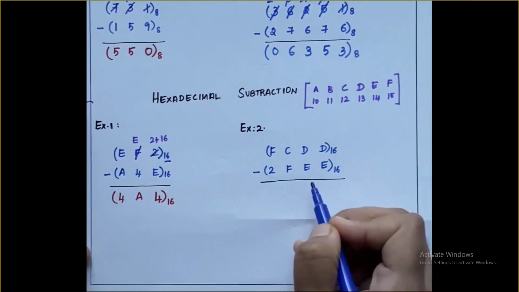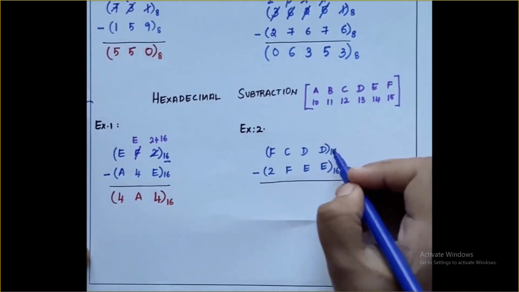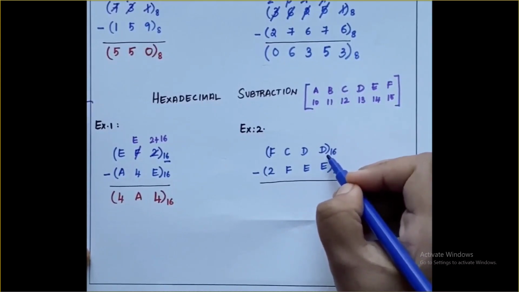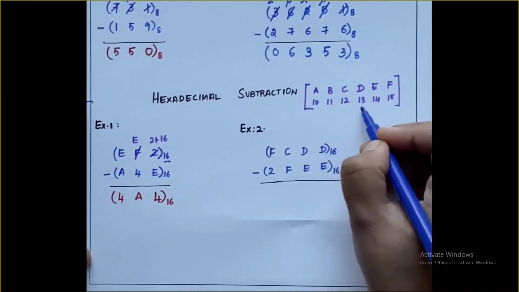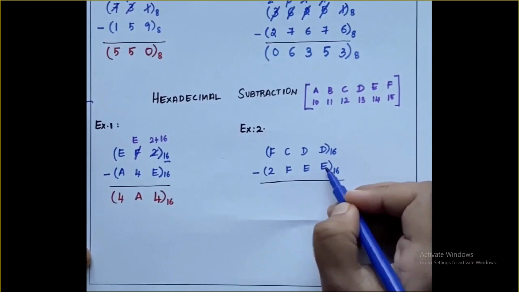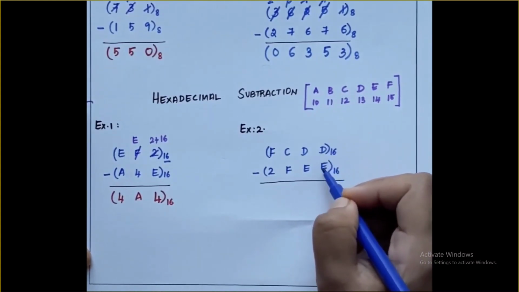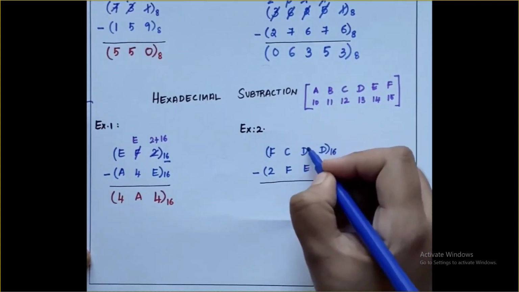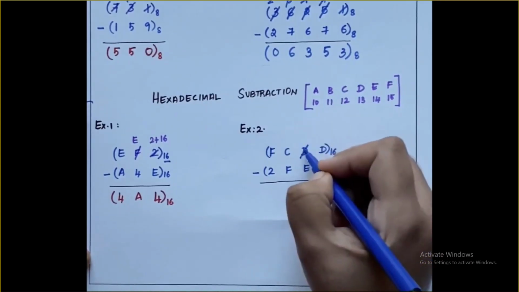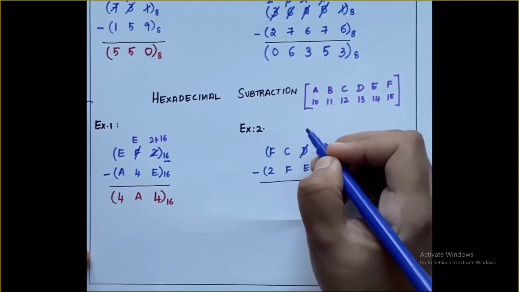Let us solve one more example. Given is FCDD minus FEE. So D has a value of 13 and E has the value of 14, which is more. So we have to make a borrow now. Instead of D, reduce it by one, which is C, that is 12.